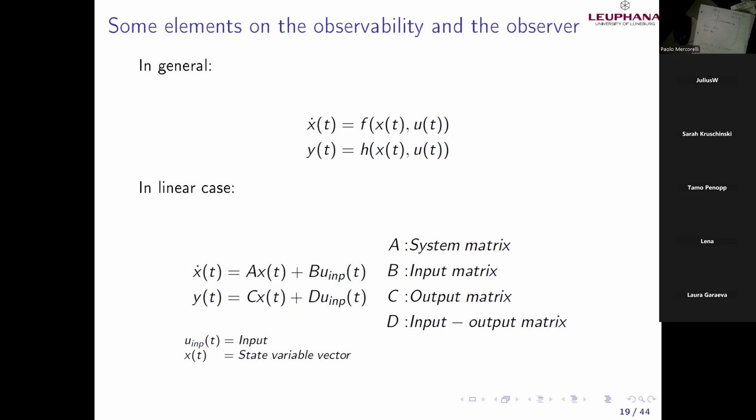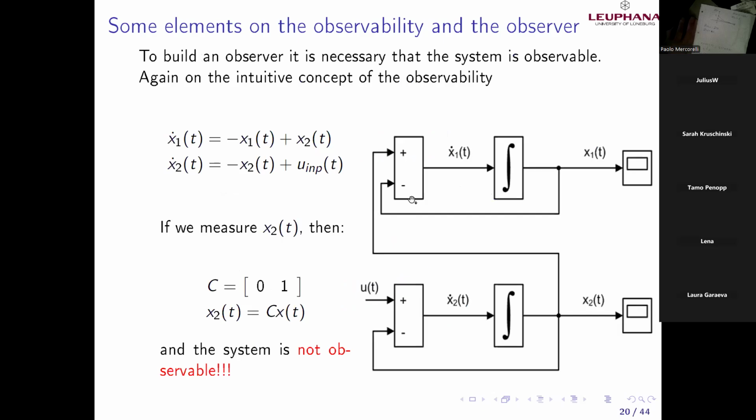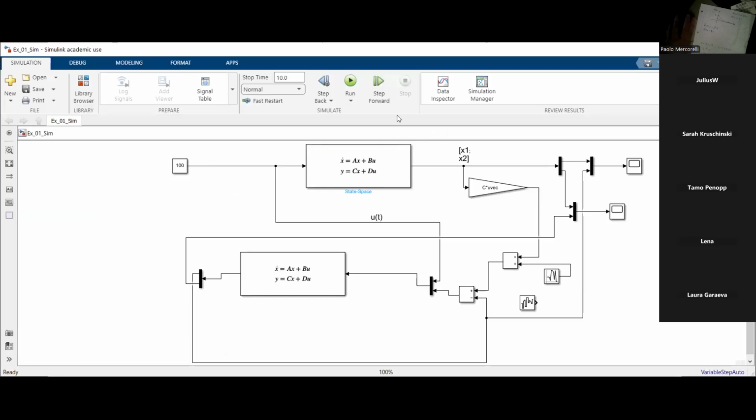But of course, if the system is more complex, sometimes it is more difficult to use the matrices A, B, C, and D. Very often we prefer to use this language here in which we separate the contributions x1 and x2 in terms of blocks. Let me clarify the structure A, B, C, D, and so on. This block here can be found, if you look, in the library browser.